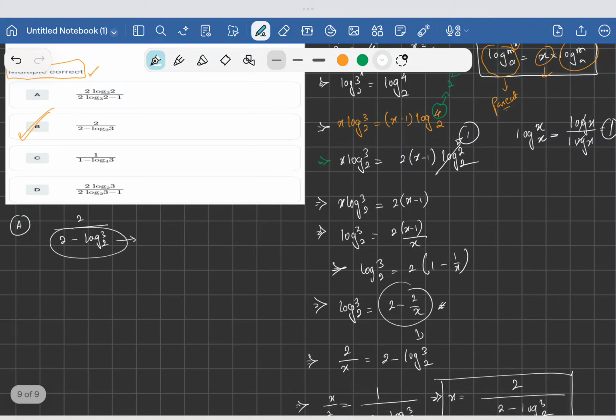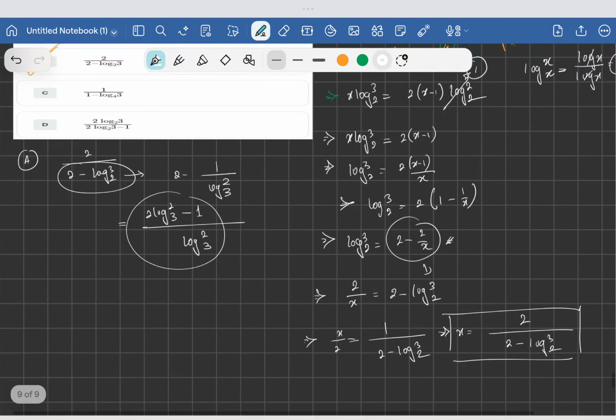Just take the denominator, which can be written as 2 minus 1 by log 2 base 3, which can again be written as 2 log 2 base 3 minus 1.